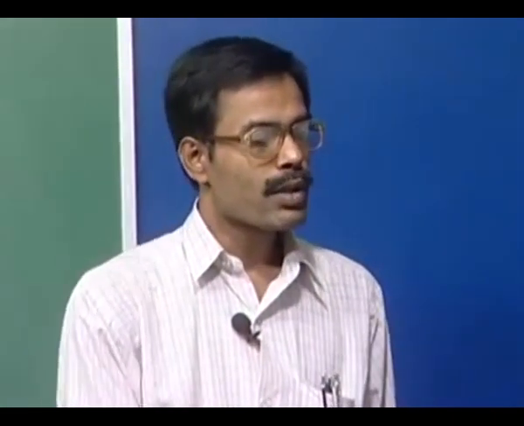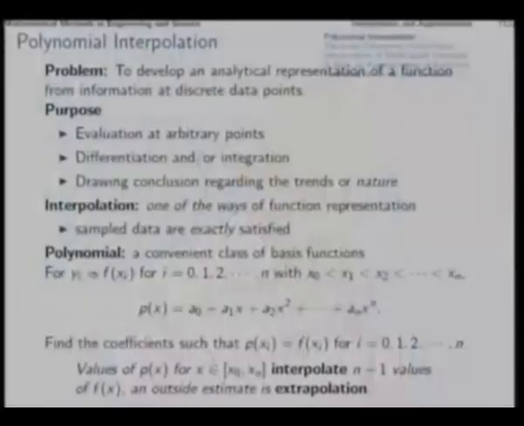So, in a particular problem, suppose y_i equal to f of x_i is available at these n plus 1 points, x0, x1, x2, x3 up to xn. With the help of these n plus 1 pieces of data, we want to fit a polynomial of the nth degree.